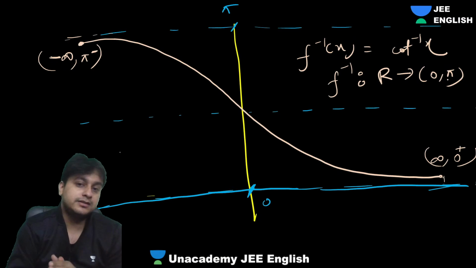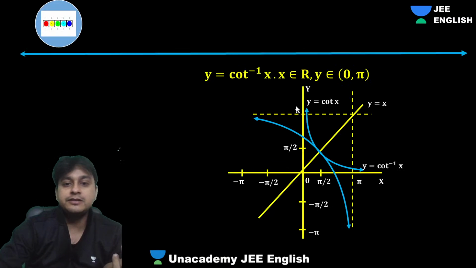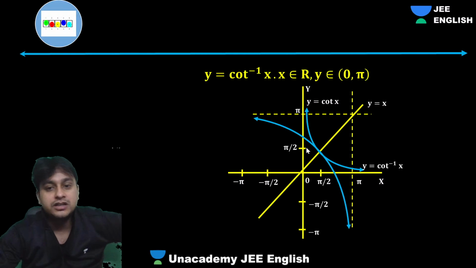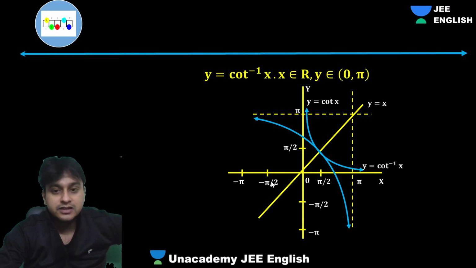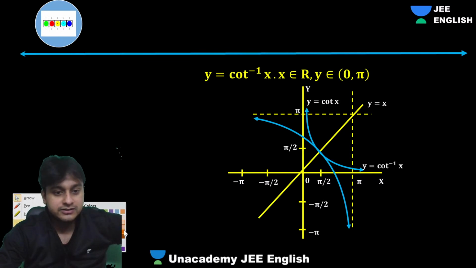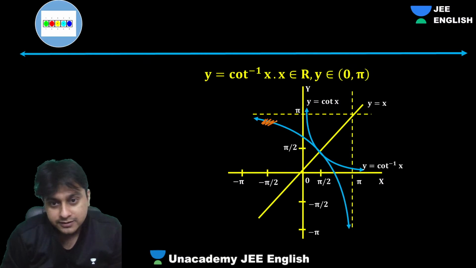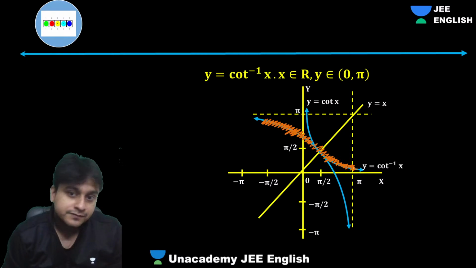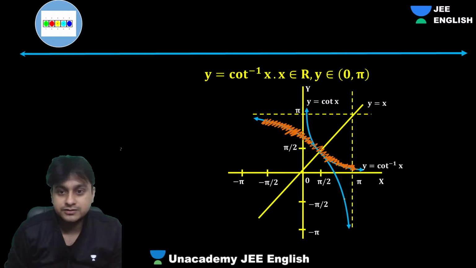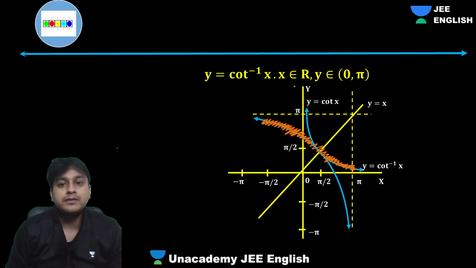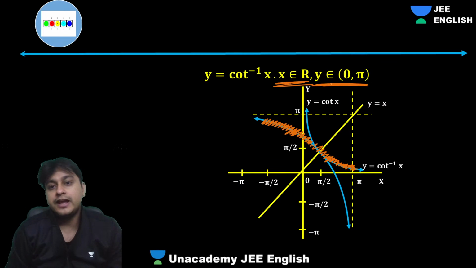Just flip the graph, and you can see very well here, guys, both are reflection about y equals x. I hope everyone got it. So I'll just shade it. So this shaded region will be cot inverse. Okay? This is the cot inverse x graph. And this is the cot x. So both are reflections about it, and this is the domain and this is the range.